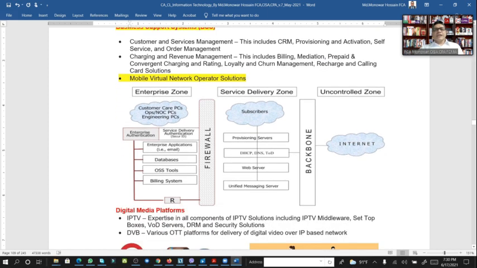And here, the enterprise zone, the service delivery zone, and the uncontrolled zone. This uncontrolled zone is the internet.